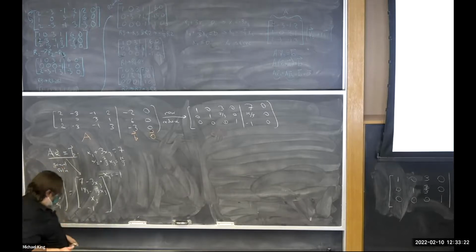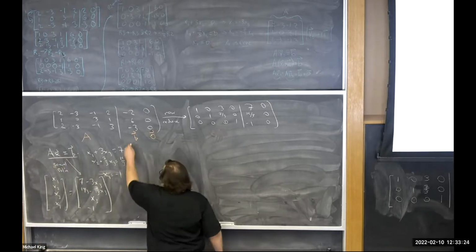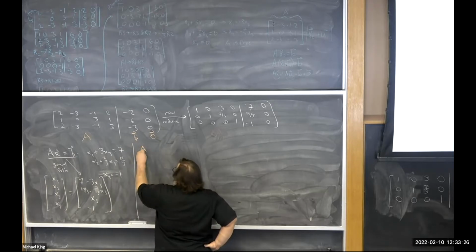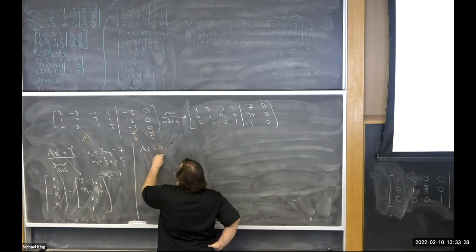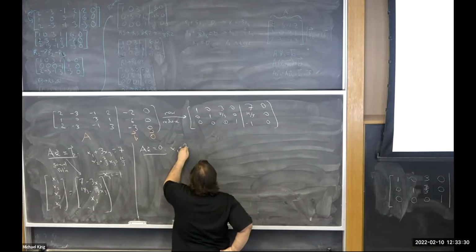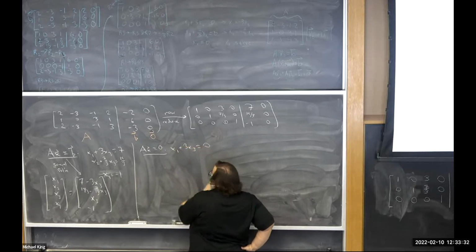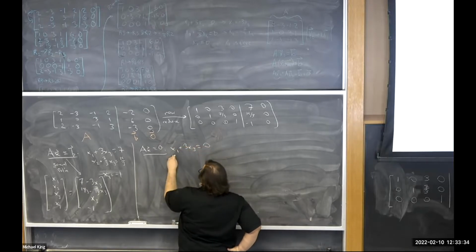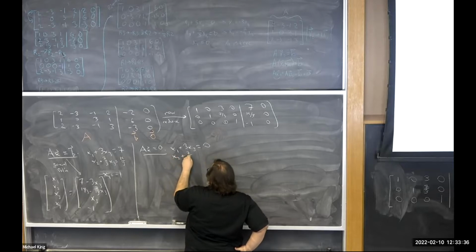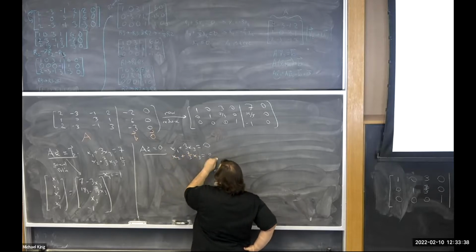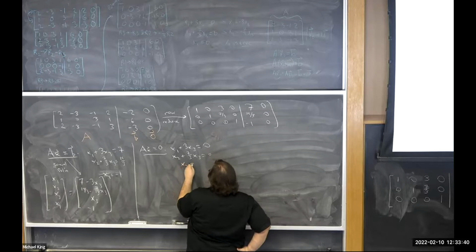And if you do AX equals 0, it's pretty similar. You get x1 plus 3x3 equals 0, x2 plus 7/3 x3 equals 0, and x4 equals 0.